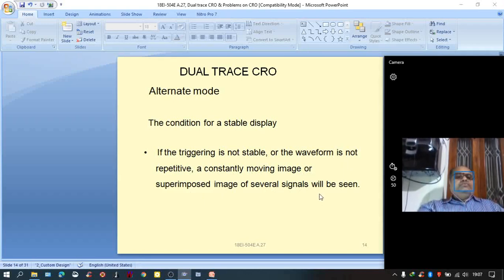That is, it appears to be multiple signals appearing on the screen. We cannot see any one particular signal on CRO screen and we cannot analyze anything because of the wrong triggering.